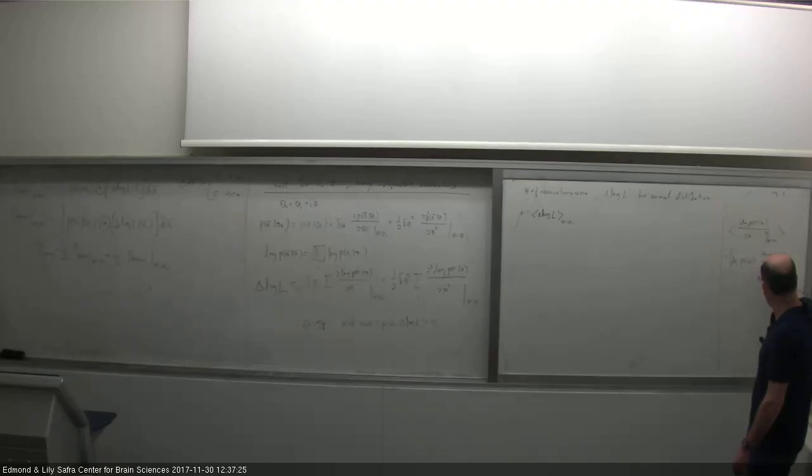Now this I can write as 1 over p of r_i given theta prime. So I have here integral dr_i p of r_i given theta 1, times 1 over p of r_i given theta prime, where theta prime is theta 1, so this just cancels this, times d p of r_i given theta prime over d theta prime at theta prime equals theta 1.